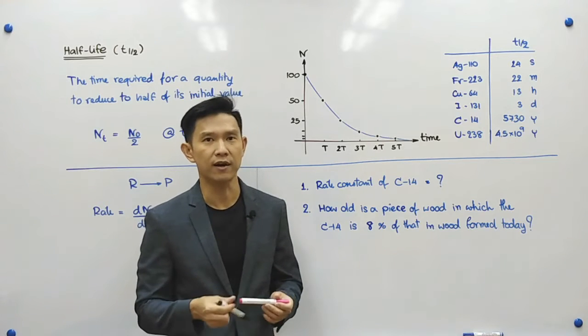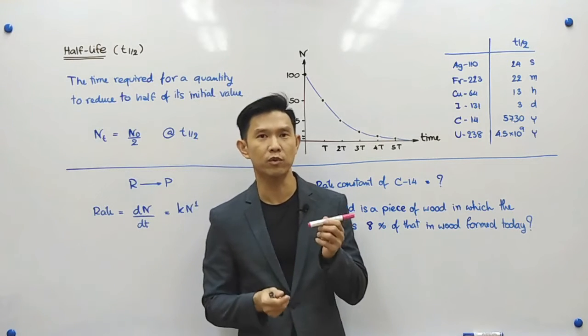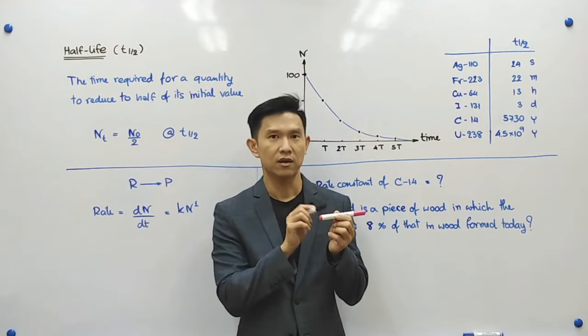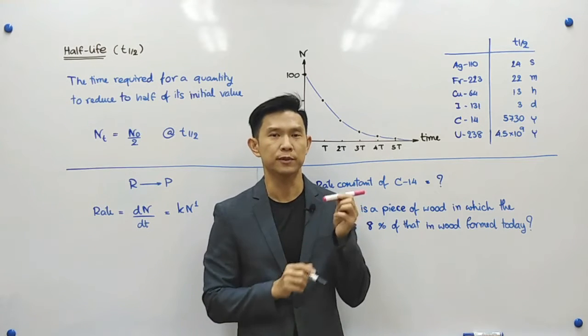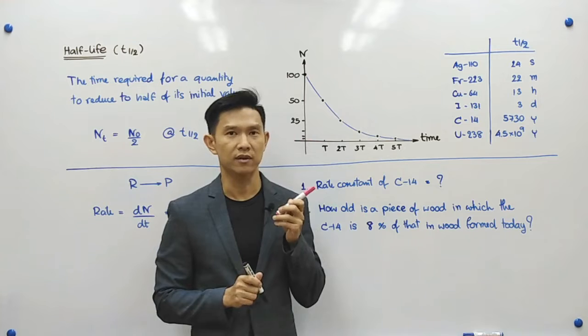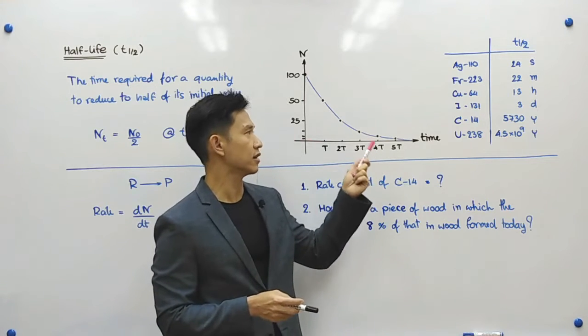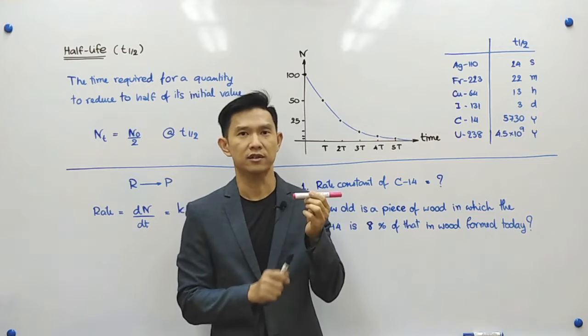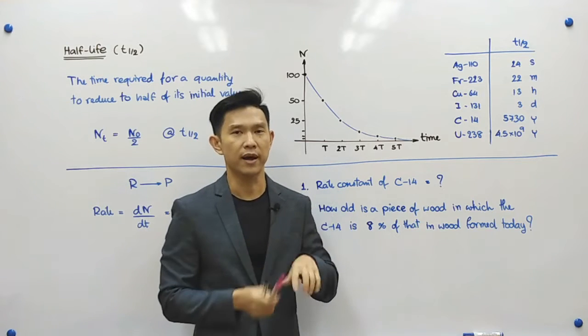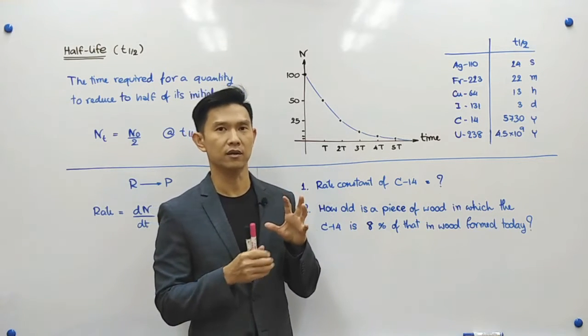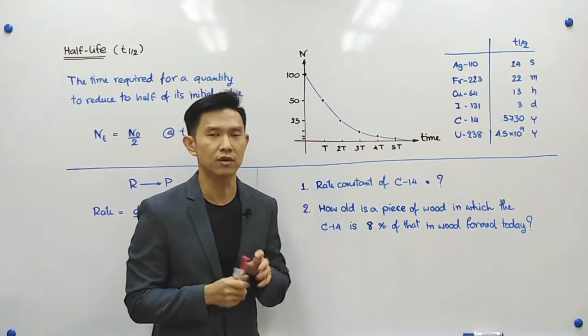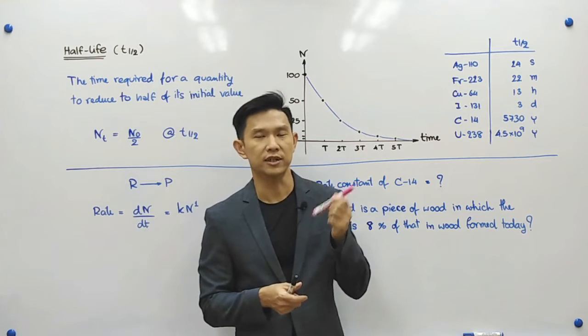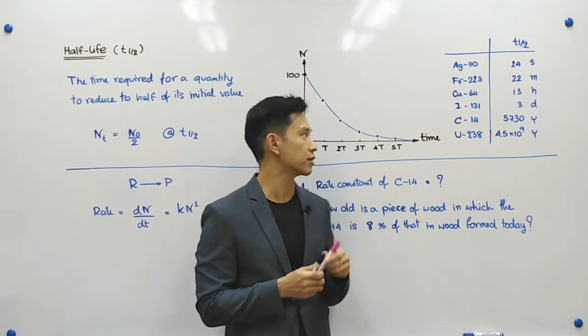For example, if we found a fossil and we want to know how old this piece of fossil is, what we can do is find the carbon-14 or uranium remaining in this fossil and compare it with the initial value. Then we know the age of the fossil.